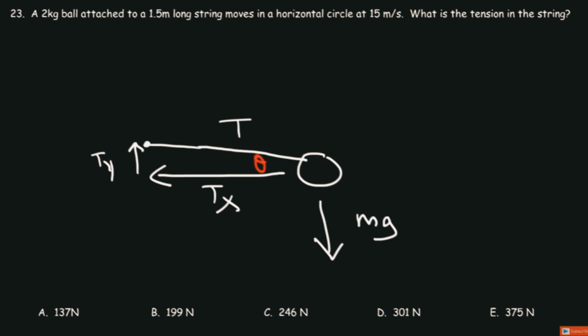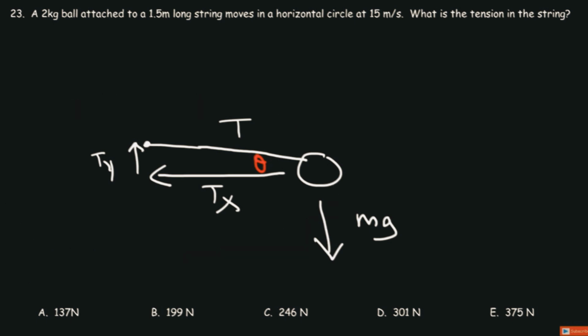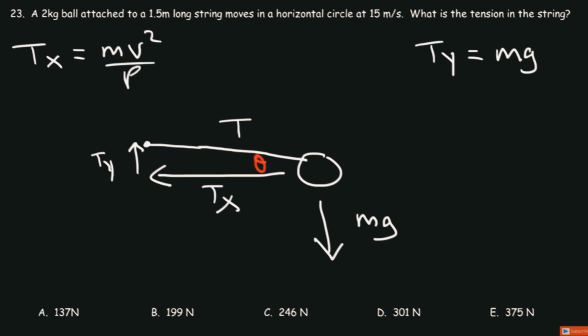So the tension in the string is approximately equal to Tx. Now notice that Tx points toward the center of the circle, so Tx provides the centripetal force. So Ty is equal to mg and Tx is equal to the centripetal force, which is mv squared divided by r. And once we find Tx and Ty, we can calculate T.